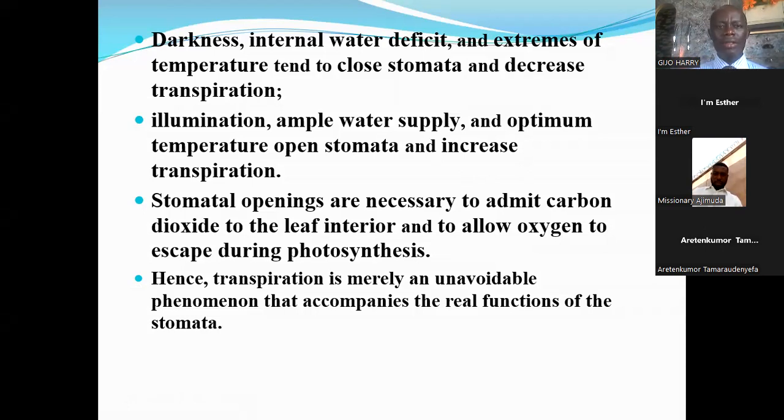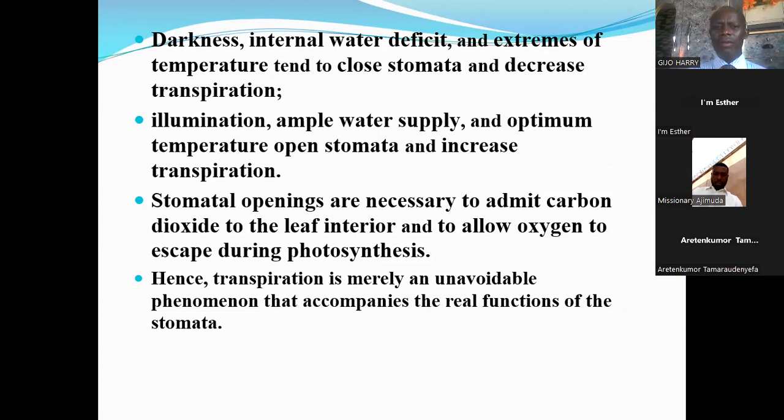So illumination, when there's enough sunlight or during the day. Then when there is ample water supply, when there is enough water in the soil, and optimum temperature, these factors open the stomata and increase transpiration.